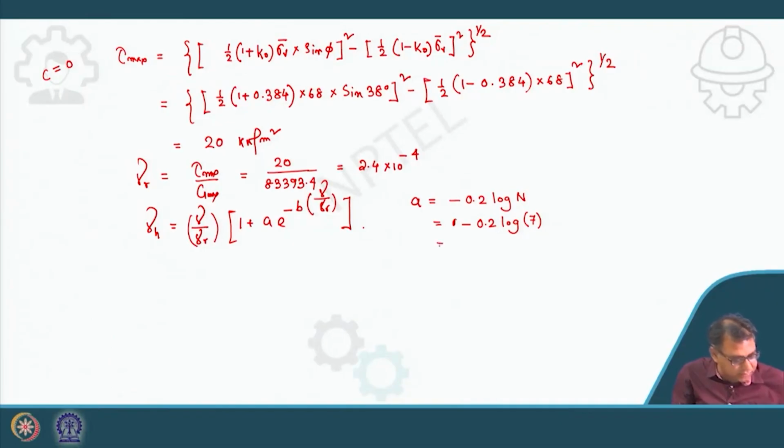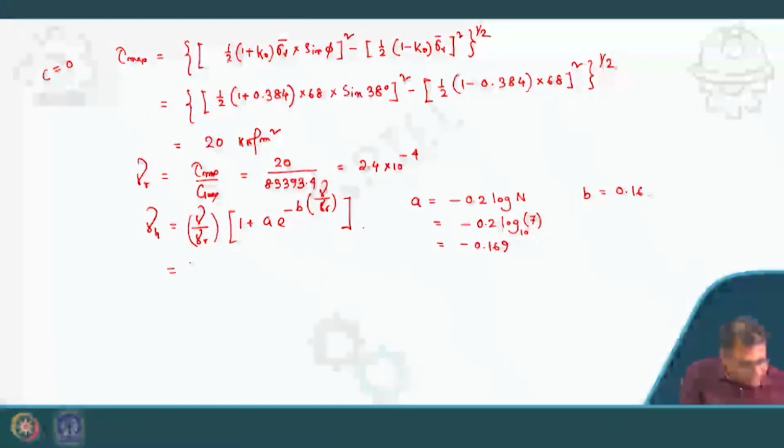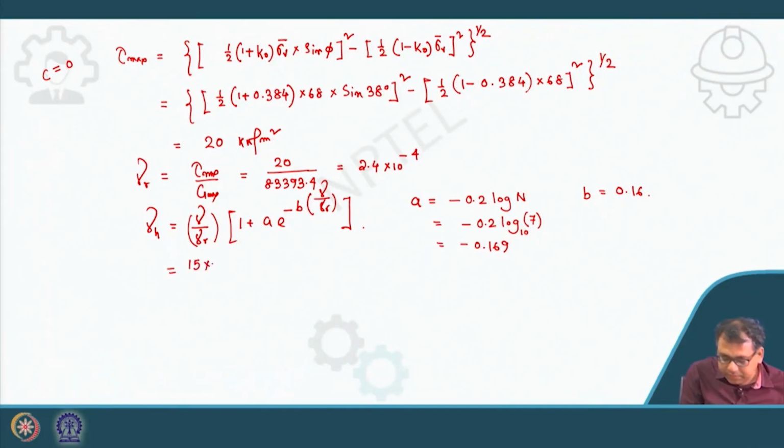So that is equal to minus 0.169, and B is equal to 0.16. So now if I put this value, what is my strain? Strain is 15 into 10 to the power minus 4, that is 0.15%. So 0.15 into 10 to the power minus 2, so it is 15 into 10 to the power minus 4, that is my strain.